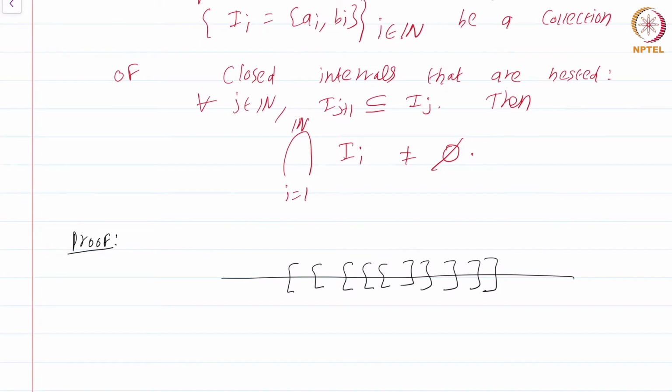Now, when will this intersection be empty? Well, if these intervals cluster around a hole. So the nested intervals property is saying that there are no holes in the real numbers. I will elaborate on this further after I give the proof of this theorem as well as the Archimedean property.